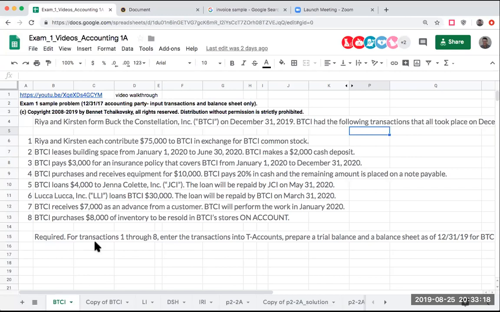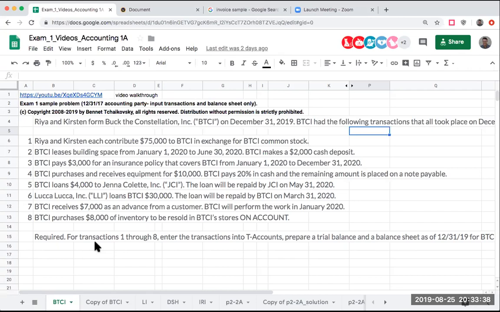Those students who are ultimately successful in my class have gone through and done the work. You're learning in accounting, you're learning a skill, so the more times you can go through and repeat questions, the better off you're going to be.